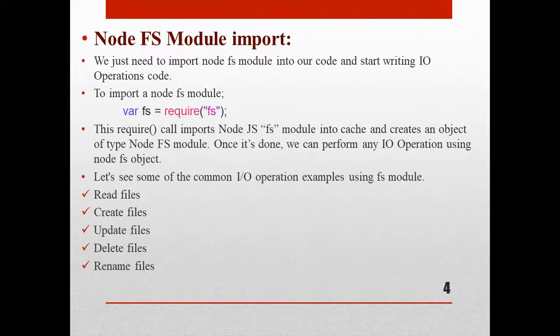Let's see some common IO operation examples using the fs module. There are several operations we can perform on files using the fs module: read files, create files, update files, delete files and rename files. We will see them one by one.